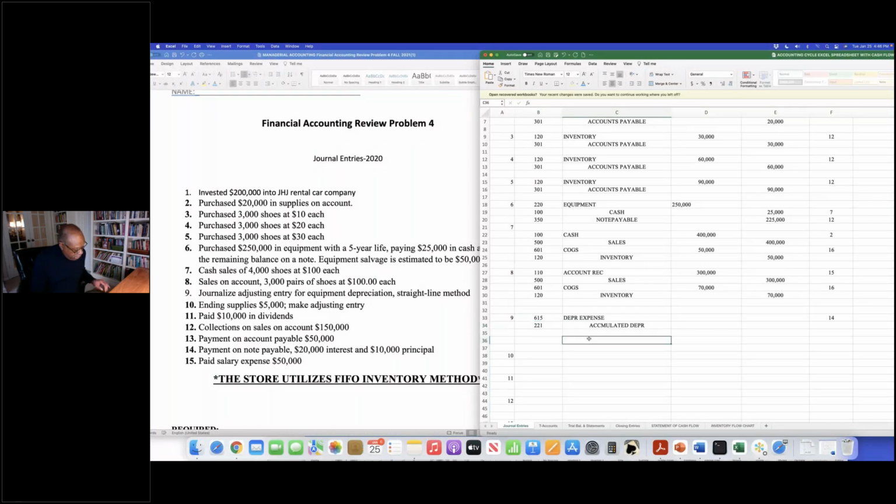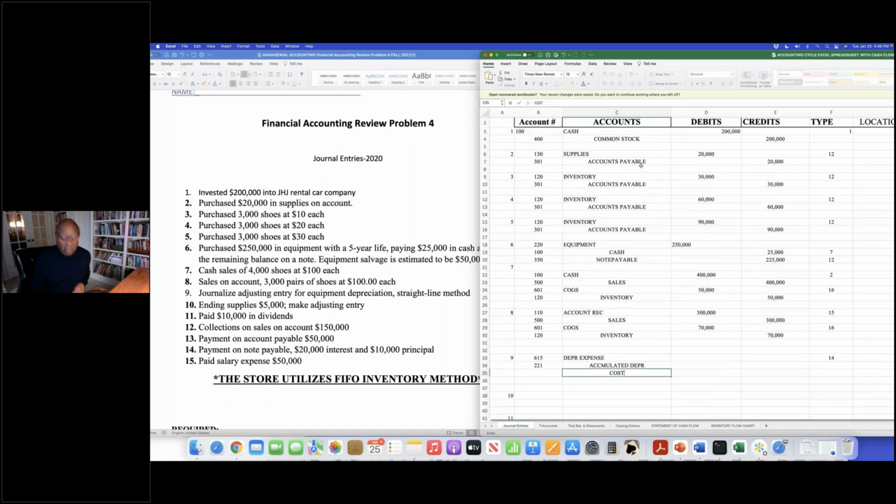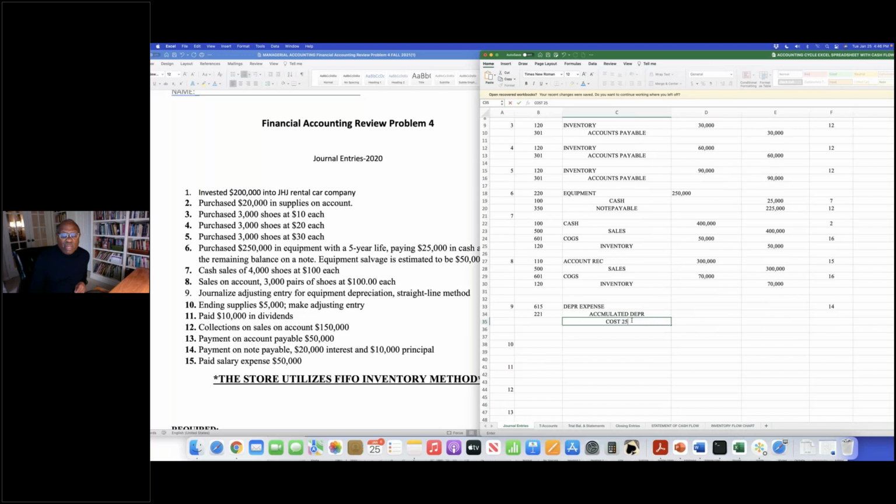The cost of this asset was what? How much did it cost back up here? 250,000. Less the salvage, because we're doing straight line.